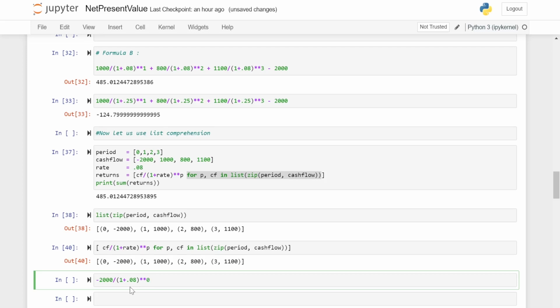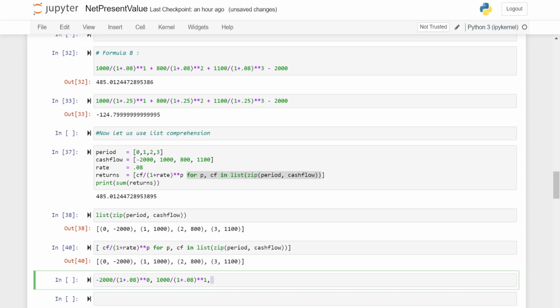Next will be what? This second iteration will say 1000, 1 plus 0.8. This is raised to the power 1. Okay, comma. And then what will it be?